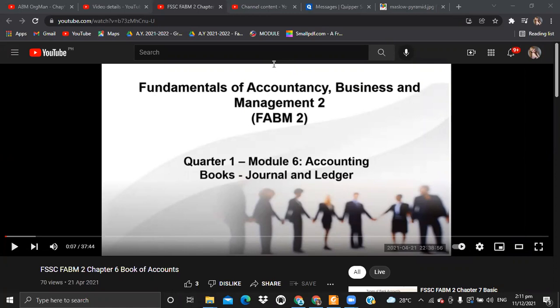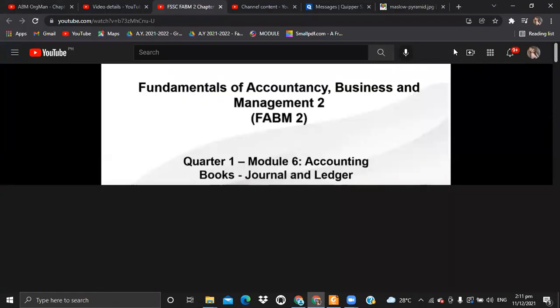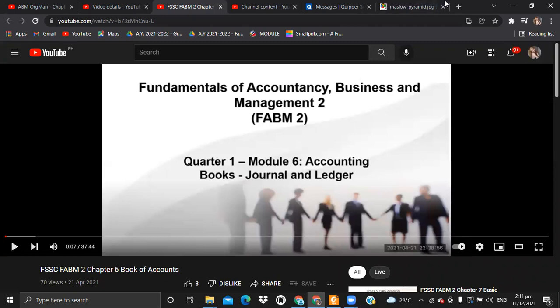Okay, so for today, we're not going to do the debit and credit. So I'll just introduce you the different types of books in accounting, though this will be discussed din naman sa FABM 2 next semester, but it is also covered here in our FABM 1, the books of accounting.